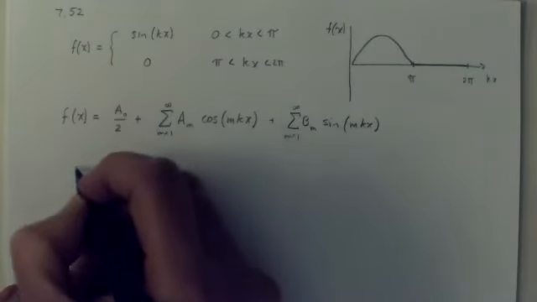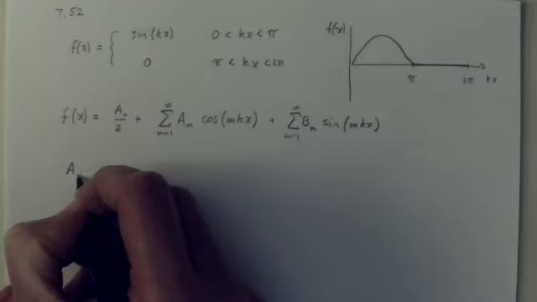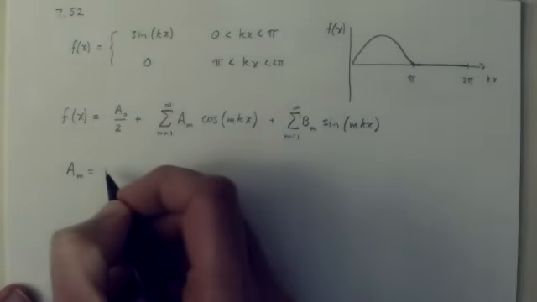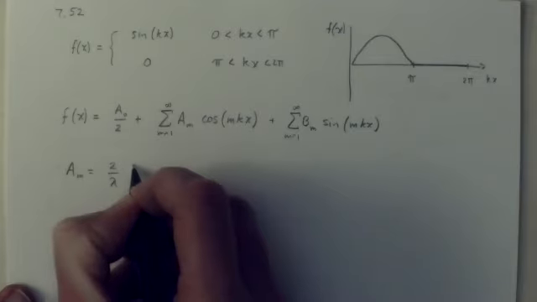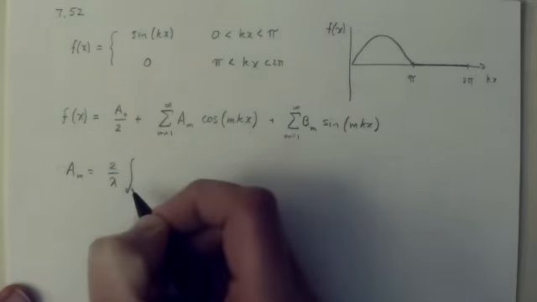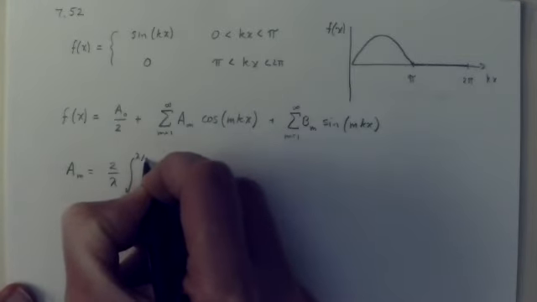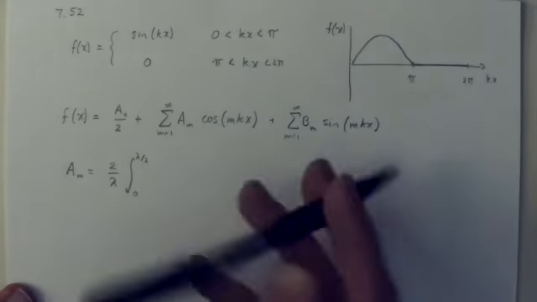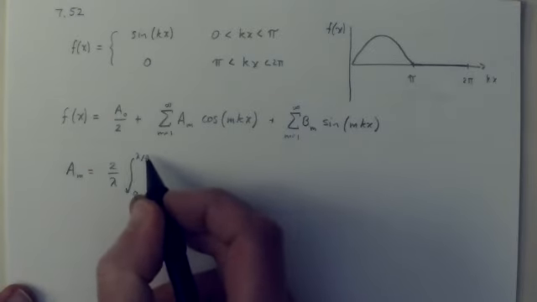So then we're told that the way you find these different a's is that a sub m, and this is using Hecht's way of writing it. Every book has their own way. Well, actually, you normally would integrate from 0 to lambda.